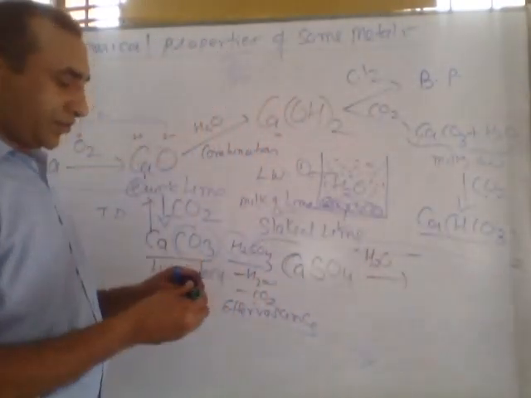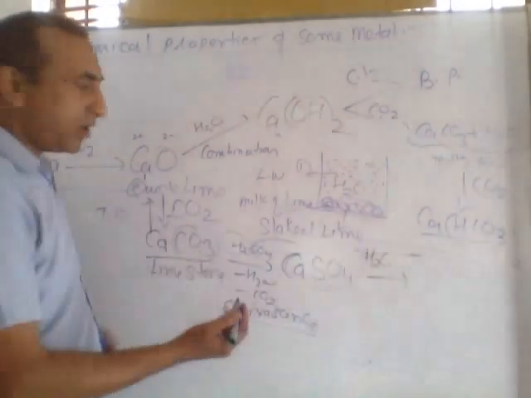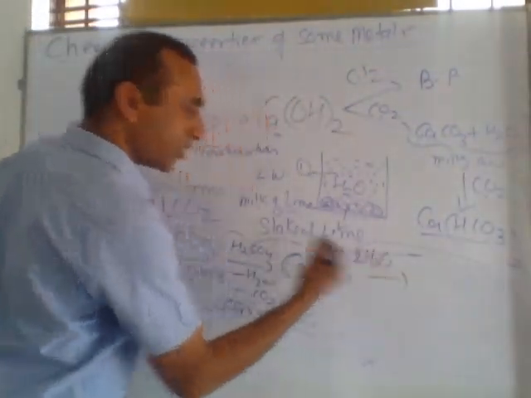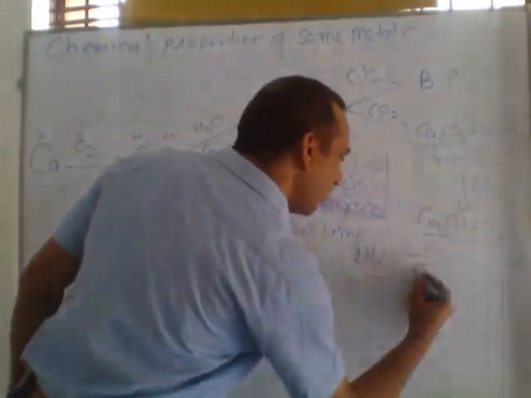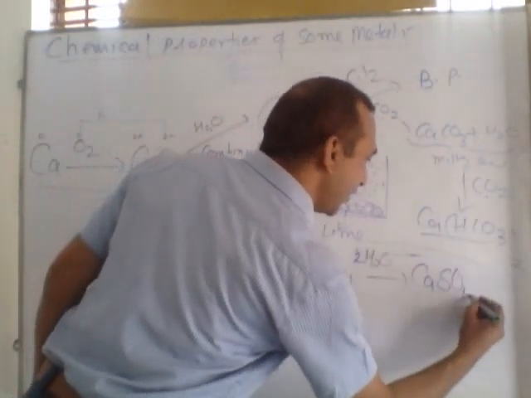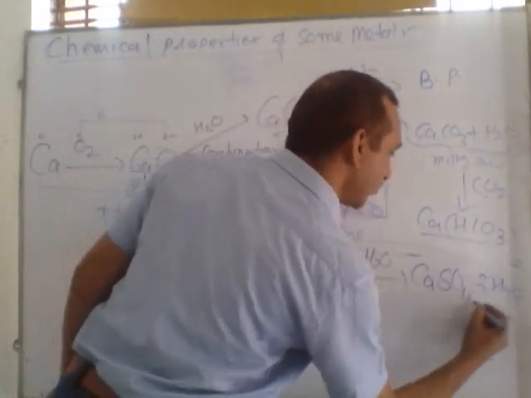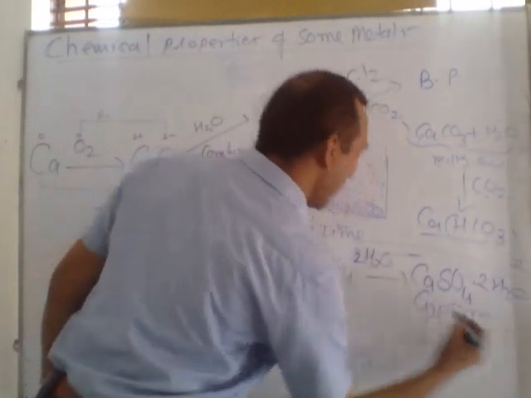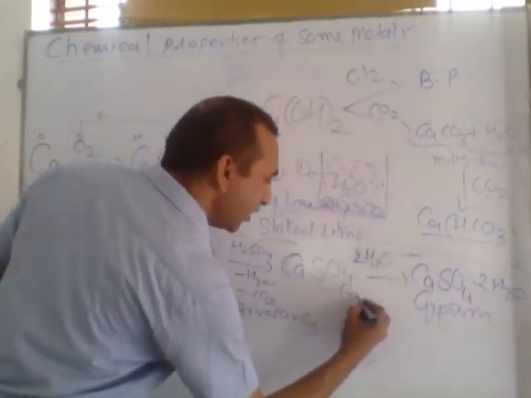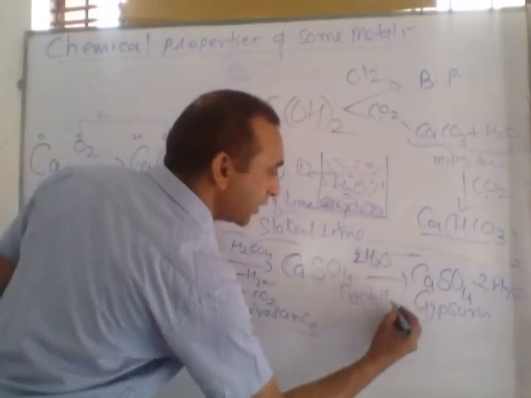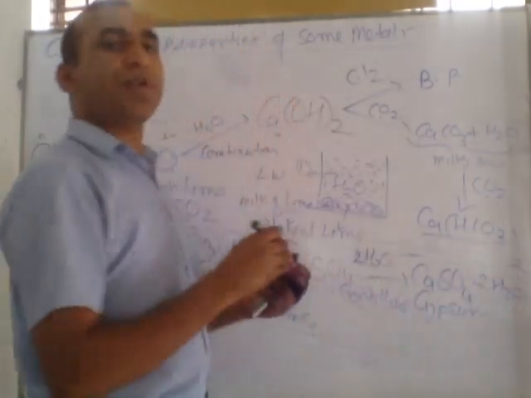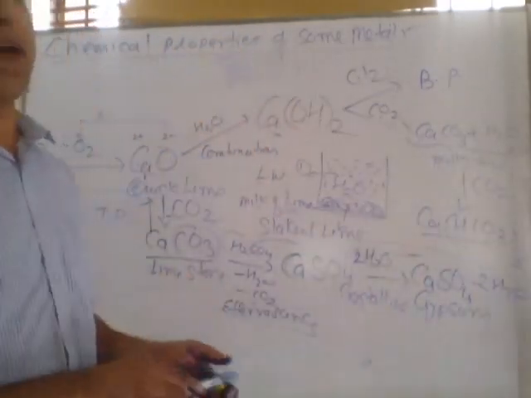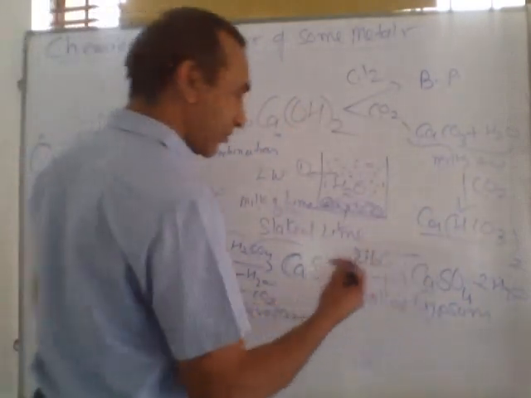If calcium sulfate is kept in moisture, it absorbs 2 water molecules and forms calcium sulfate 2H2O. This is actually called gypsum, and this process is called crystallization. Crystallization means the formation of crystals in which water molecules are incorporated. This is gypsum.